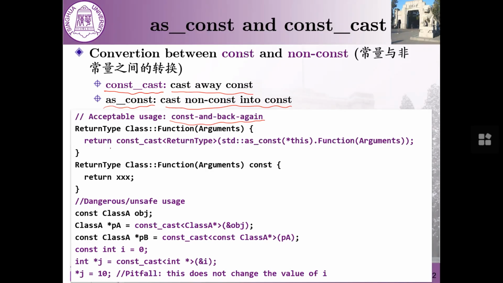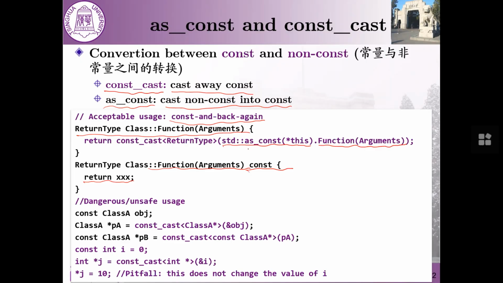Right? So the key idea is that we have a const version of a function. We may return something here, and then if we want to define a non-const version, and maybe its function body is similar, then we can just use the const version. First, convert the object into a const version, then we call the const version, right?